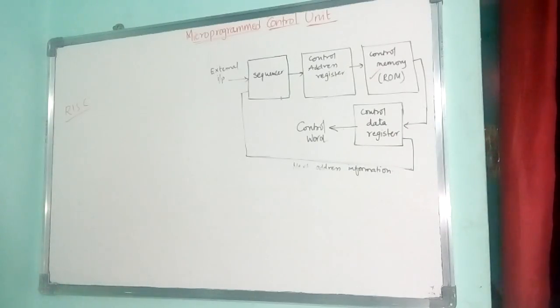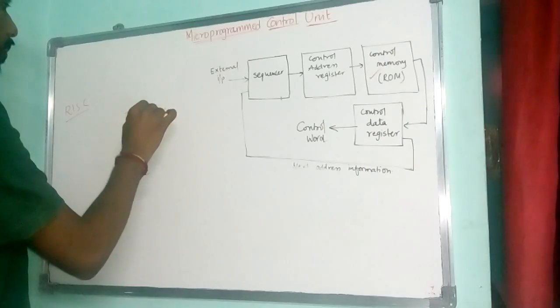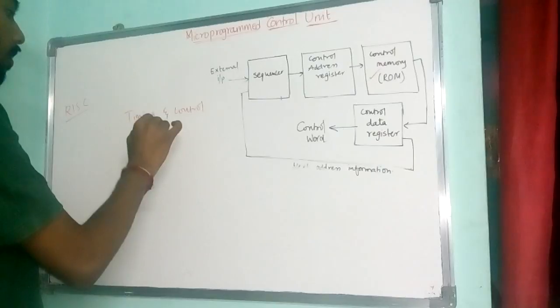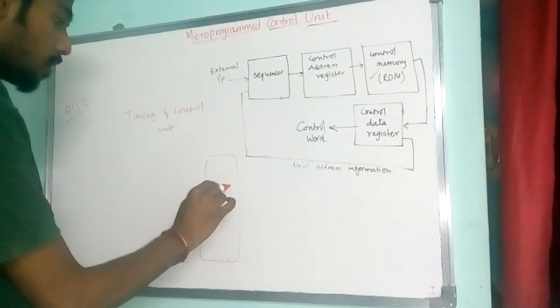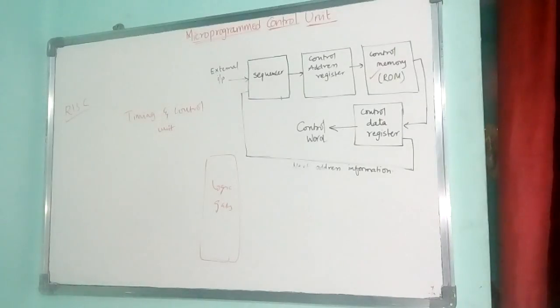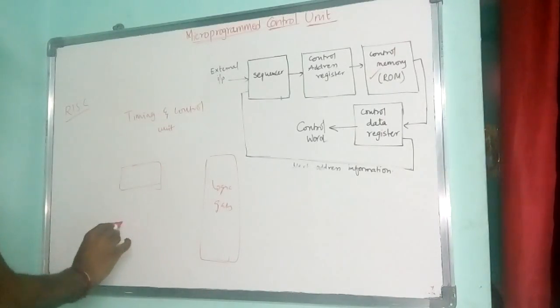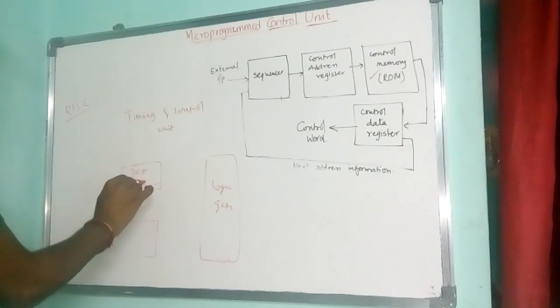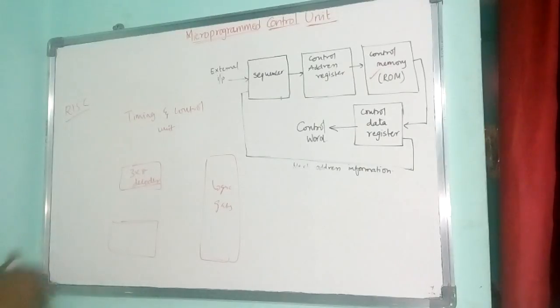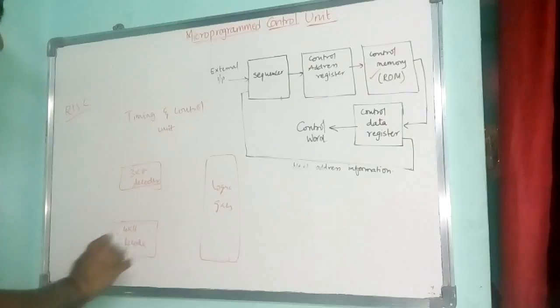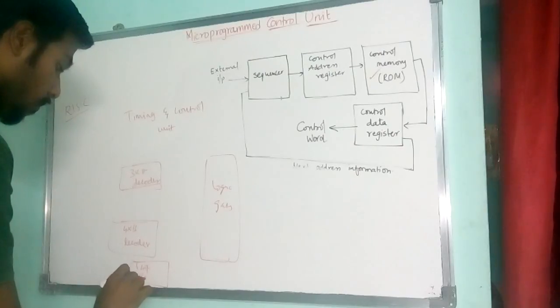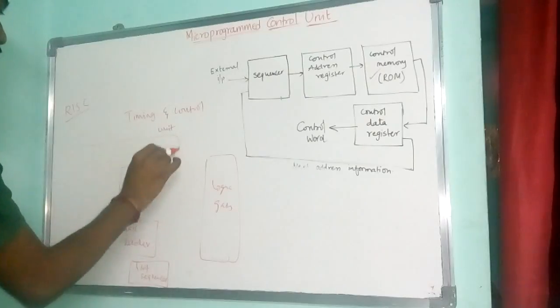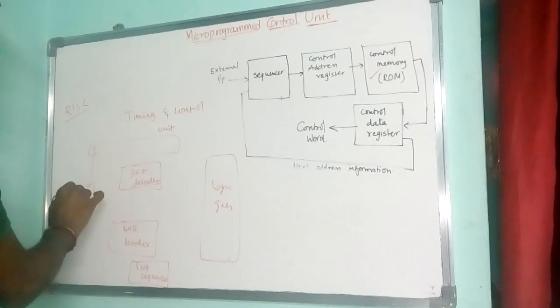The basic example for this RISC type is the timing and control unit, which has a number of logic gates, a 3x8 decoder, a 4x16 decoder, and a four-bit sequencer, and my address format I is connected to a flip-flop.